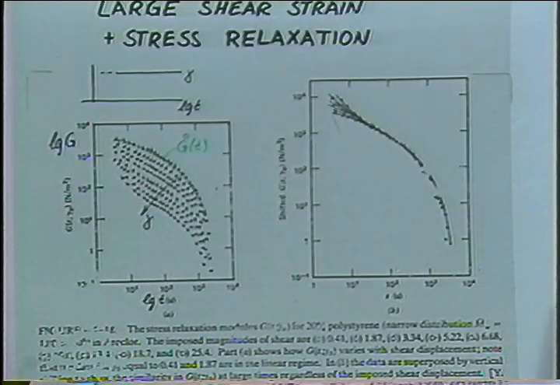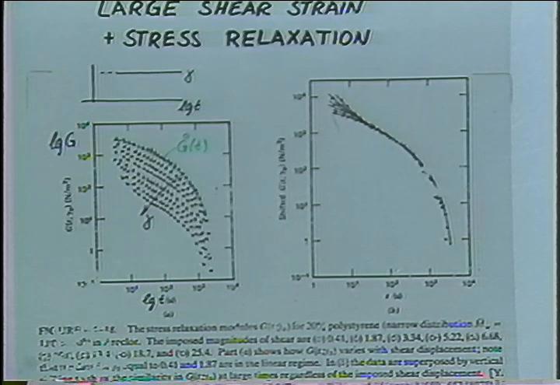Now, for polymeric liquids, the modulus has been measured extensively. And I want to show the famous experiments of Onogi, Osaki, and co-workers in 1971. So they deformed their material. Actually, if I'm informed correctly, they did it by hand.